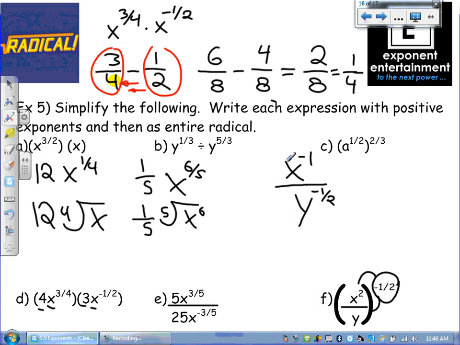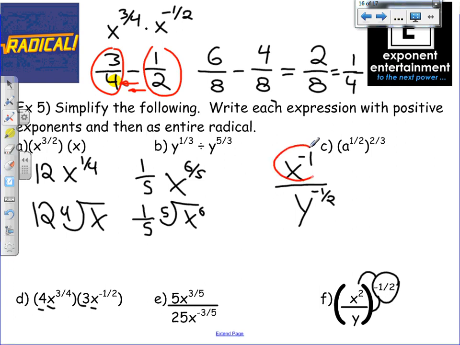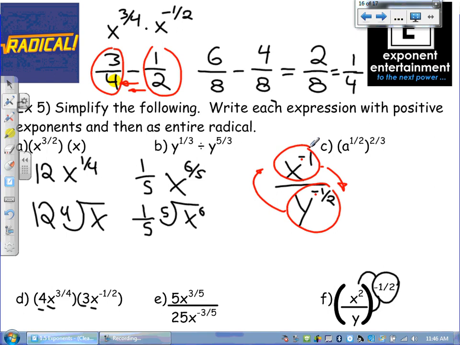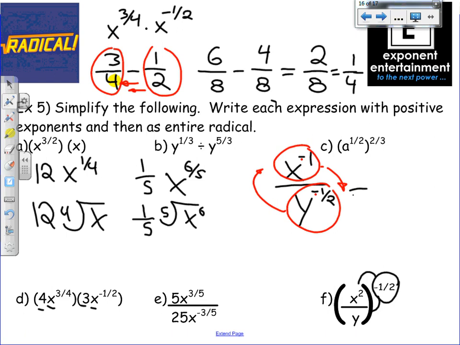That makes it y to the power of 1/2 divided by x to the power of 1, which is x. Yes, Weston? Rewrite the y to the power of 1/2. So it's square root of y over x. The square root only applies to the y.